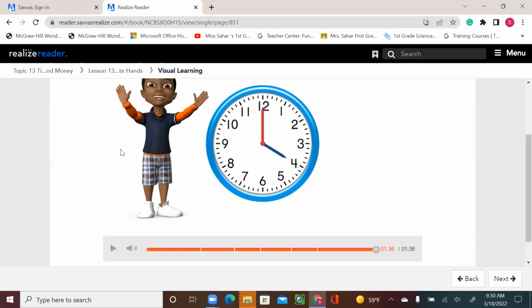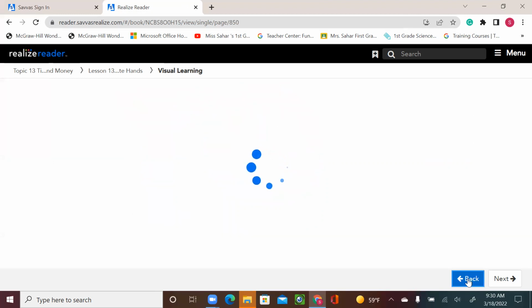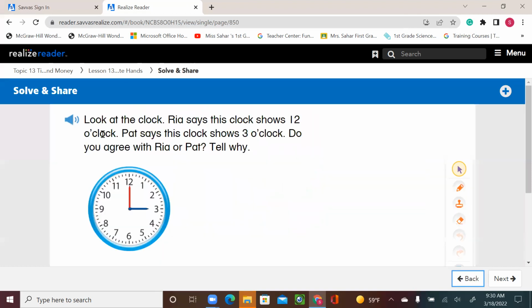All right, so we know that the short hand points to the hour and the minute hand points to the minutes. In this example the short hand is pointing to 4, and when the minute hand is pointing to 12, that means o'clock. So it's 4 o'clock. Let's see the previous exercise before we go to our guided practice.